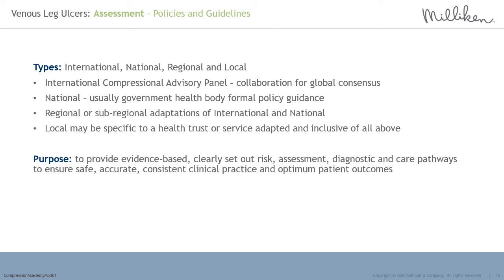Despite their goal to achieve this international pathway and consensus, many other policies and guidelines do exist, which will impact treatment pathways, clinical decisions and therapy choices for leg ulcer management.